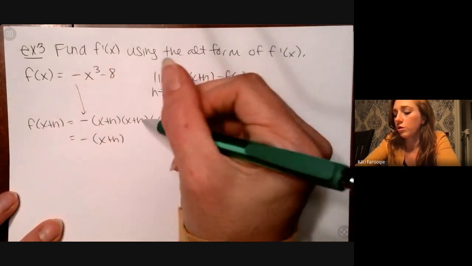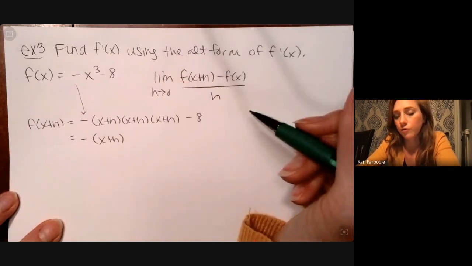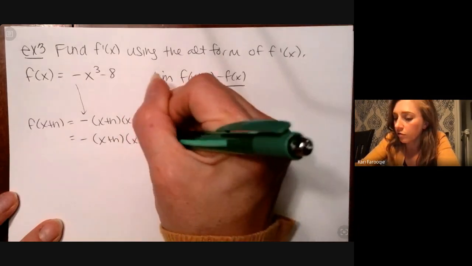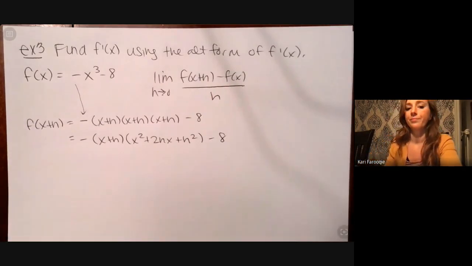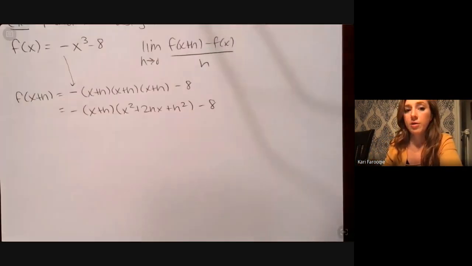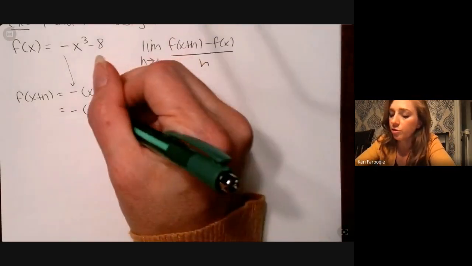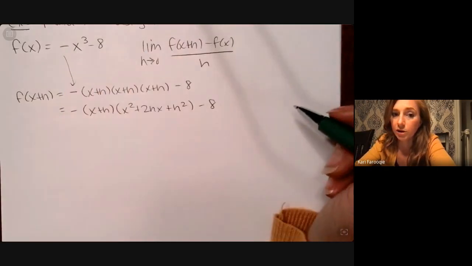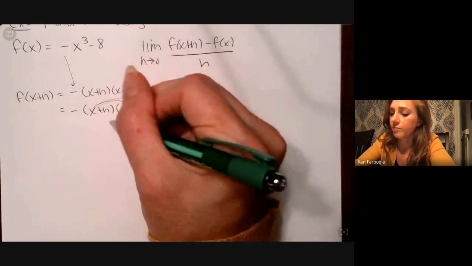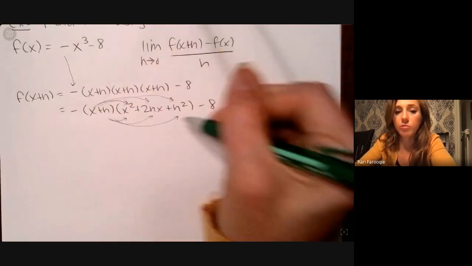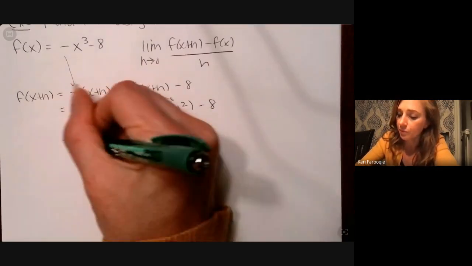Okay. My suggestion would be to FOIL the second 2 factors and then multiply in the first binomial. So you have x squared plus 2xh plus h squared. Now you can go ahead and multiply in. If I were you, I'd multiply in the binomial and then multiply in the negative. So start with just multiplying every term by x, then multiply every term by h, like distributing a binomial into a trinomial.